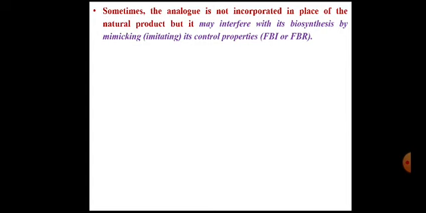It controls the first enzyme by feedback inhibition or feedback repression. That is the second target of the natural control metabolite. So this amino acid does two things: it gets incorporated into protein, and it controls its own biosynthesis by a feedback control system.